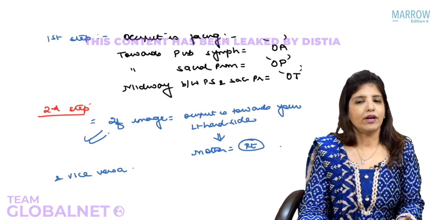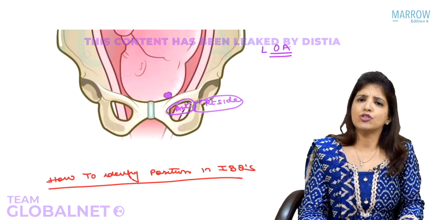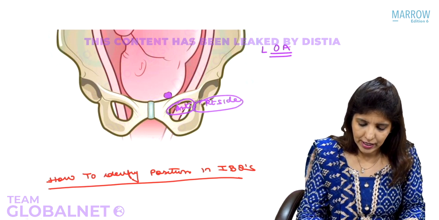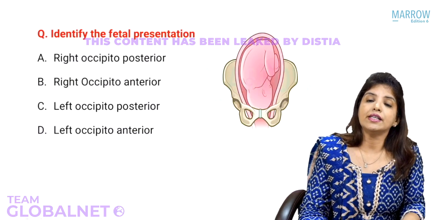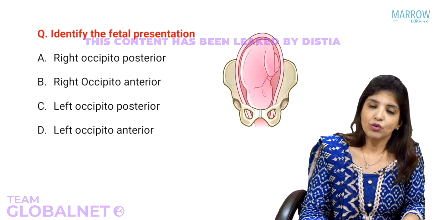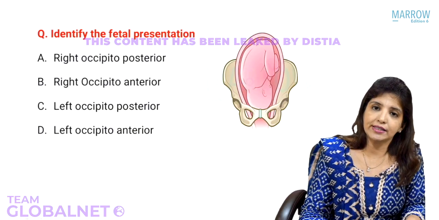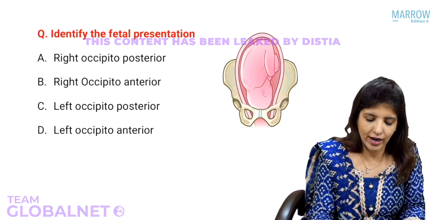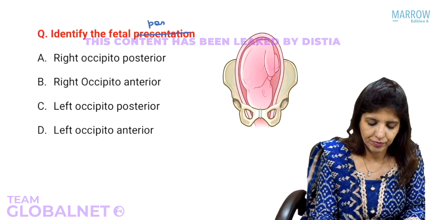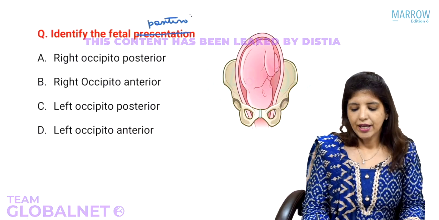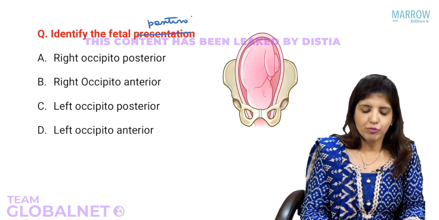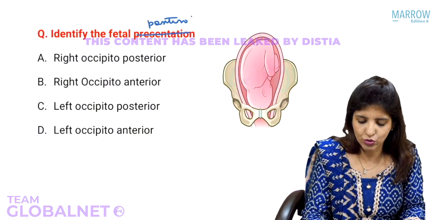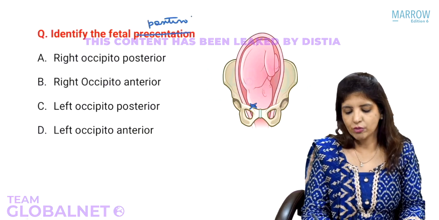Okay. Now, if you get an image like this, it's very, very easy. And such an image came in INI CET 2020 exam. They had shown this image and they had asked you to identify the fetal position. Now, when we have to identify the fetal position, the first thing you have to see is where the occiput is facing.